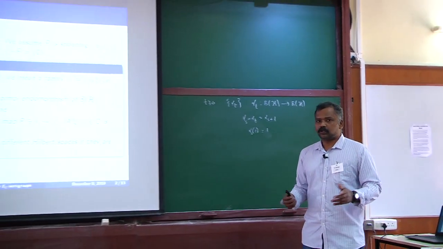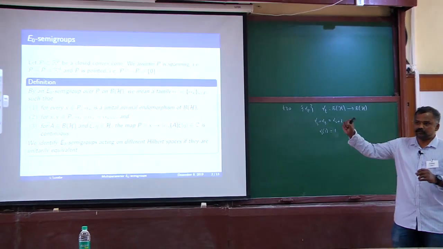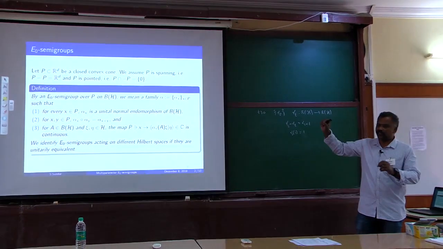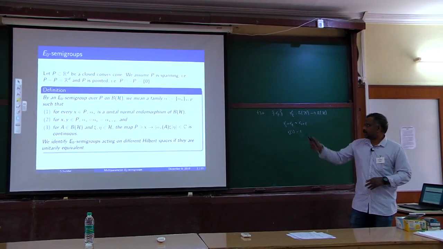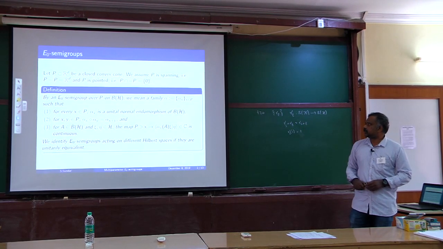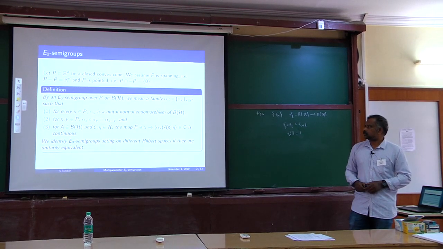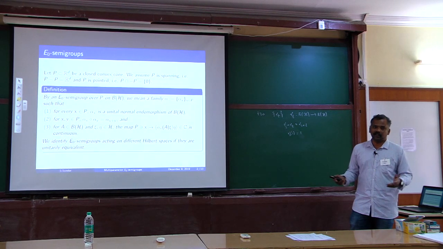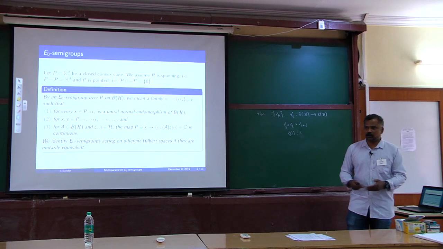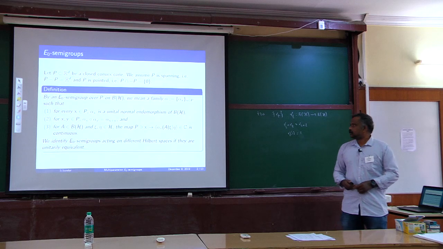So it's convex, closed, and a cone. Cone is just if you take a point, the whole ray is there. And for technical reasons, I assume that it is pointed, which is there is no line in the cone, and that it spans. Spanning is not a big deal, because if it's not spanning the whole space R^d, you can look at the space where it spans.